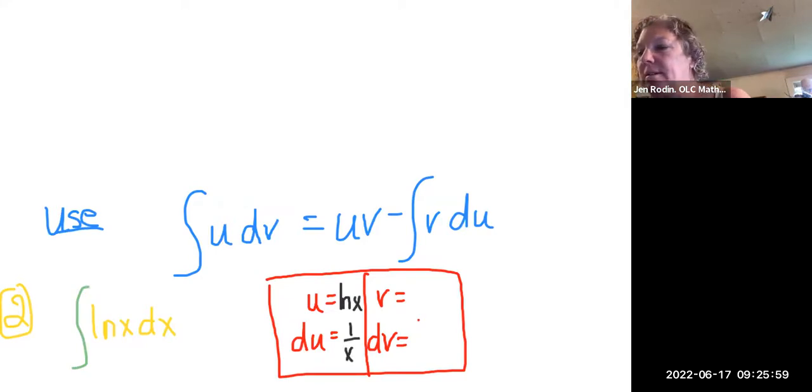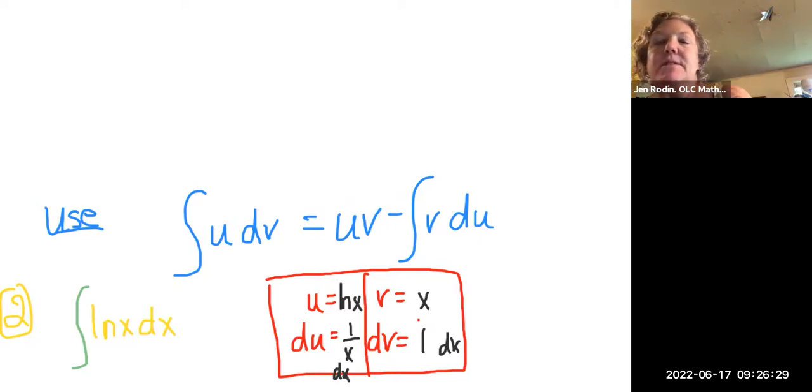So we learned that earlier in the week. And then let dv be just 1 dx. I should be putting a dx on the back of each of these integrals. My bad. And then we do the antiderivative of that to find what v equals. So that's going to be x.